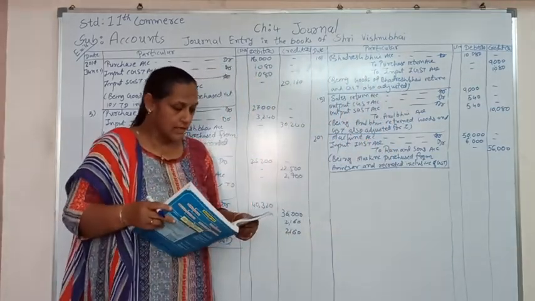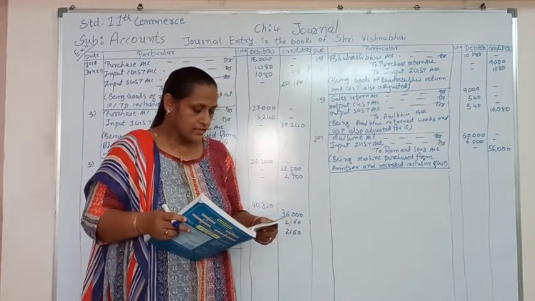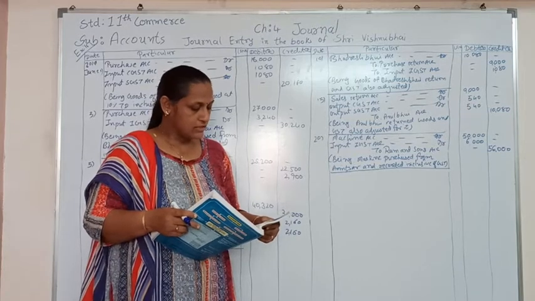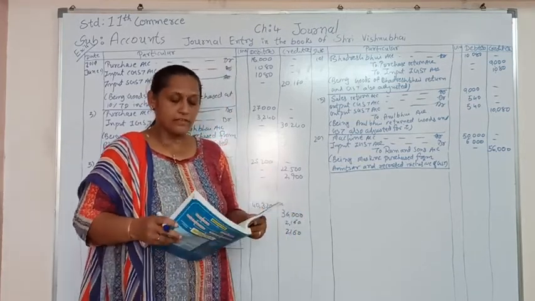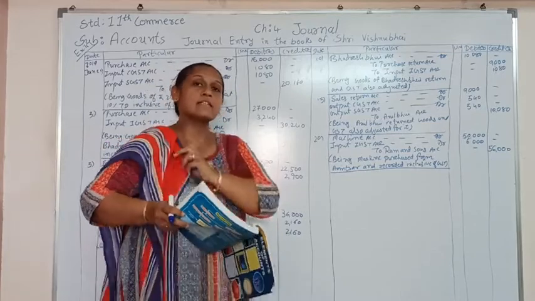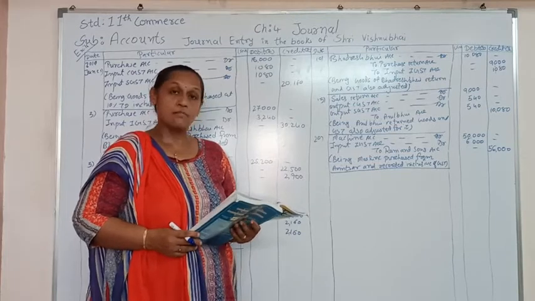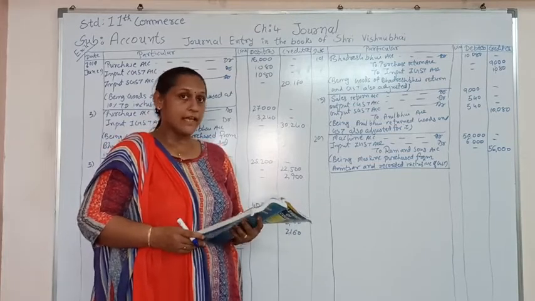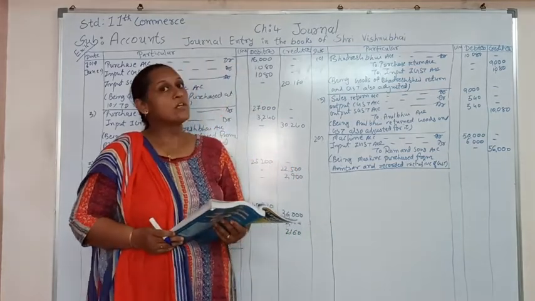Next is service on 22nd. Service income of 10,000 received by cheque. So here we have received the service income. Service is what we are giving to others, and for that we are receiving income. On service, CGST and SGST are applicable at the rate of 2.5%.